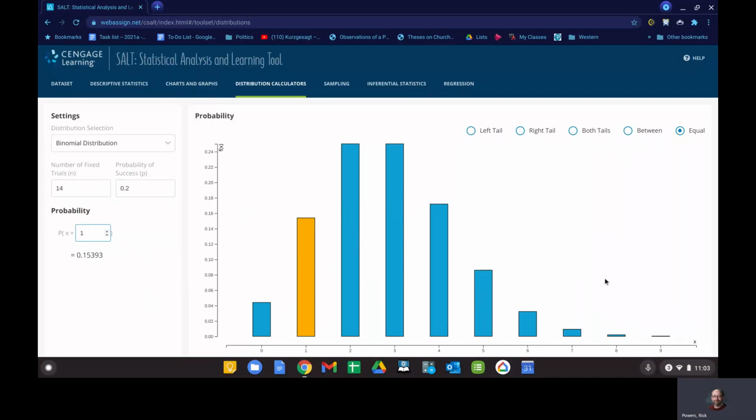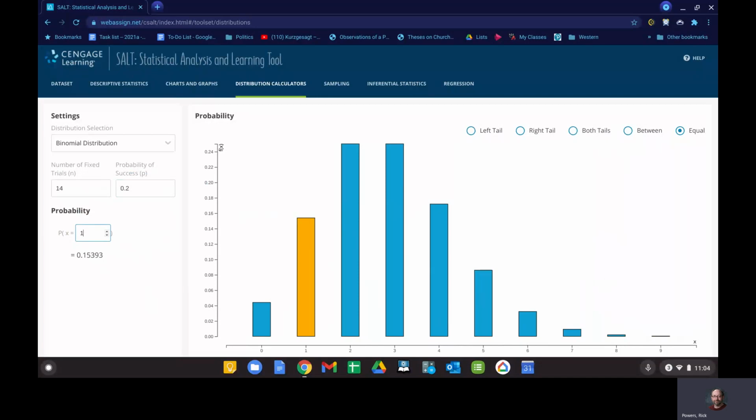So if we're looking at this and we say, how do I understand what's going on here? There's a random chance, a 20% chance that I've got healthy cholesterol. And there's 14 people in the class. And when I look at them, I don't know how many of them might have healthy cholesterol until I actually test them. But if they're randomly chosen, then this is what I expect to happen.